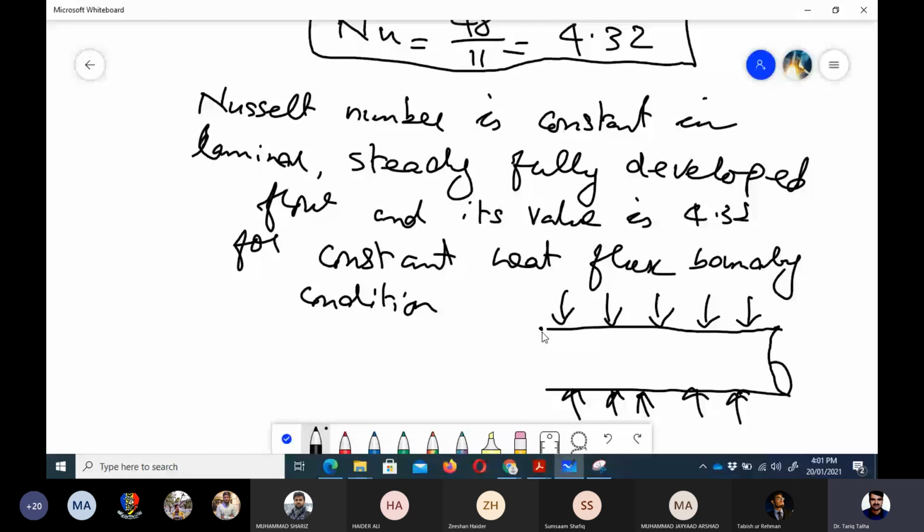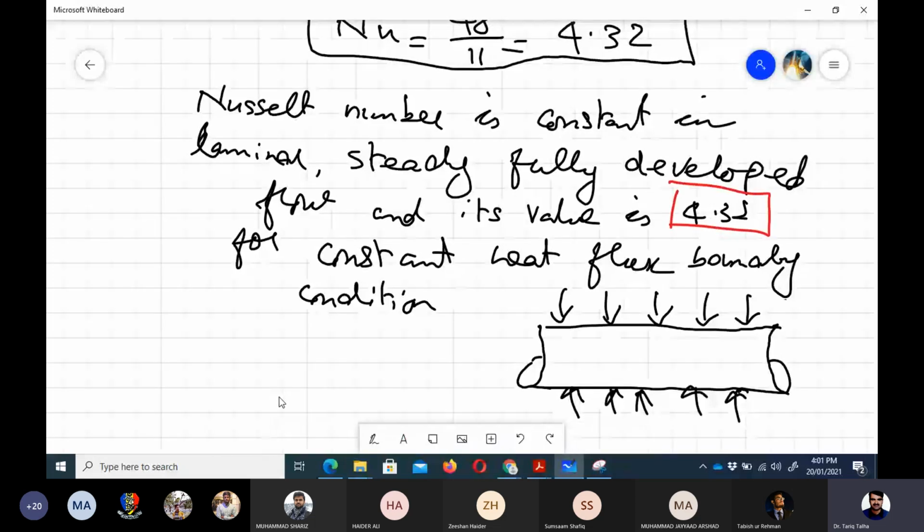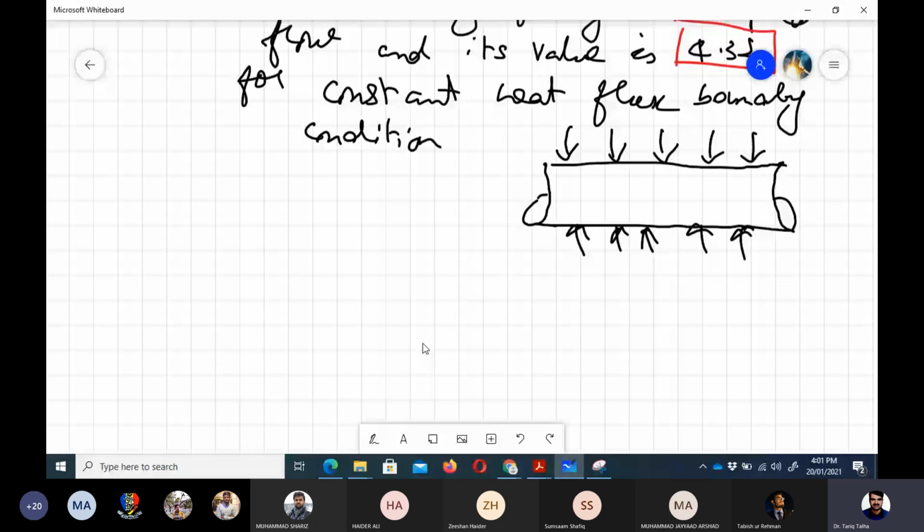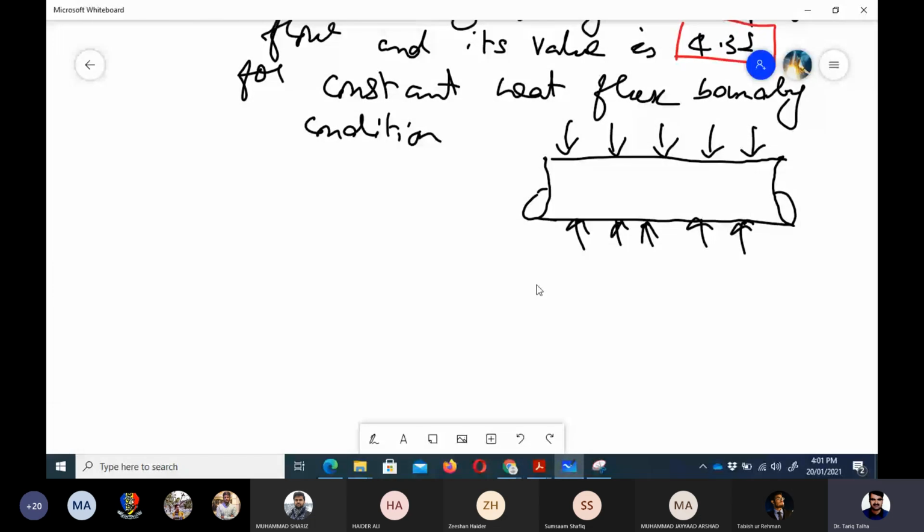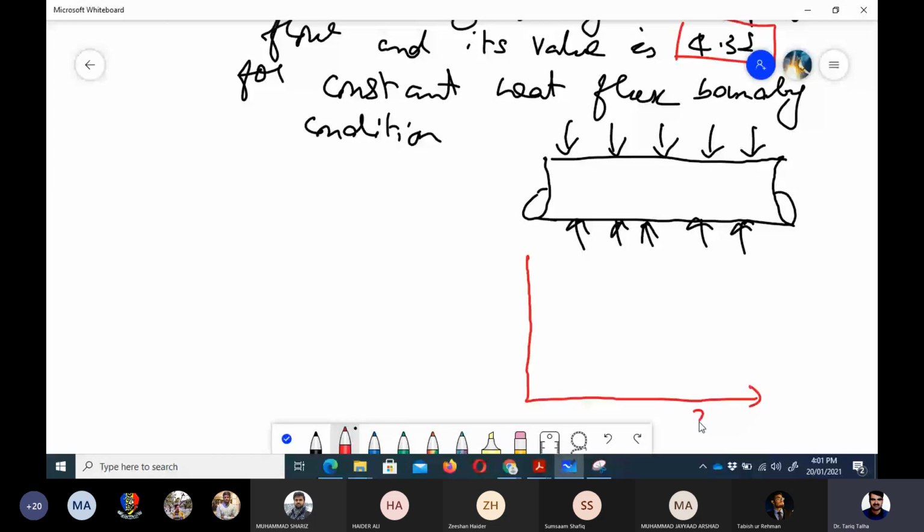So this value is important, and we can also know that from our discussion in yesterday's lecture, or the previous lecture, when we said that if we plot h as a function of x, then this is the entrance region, where the h value decreased, and then it became a constant value.